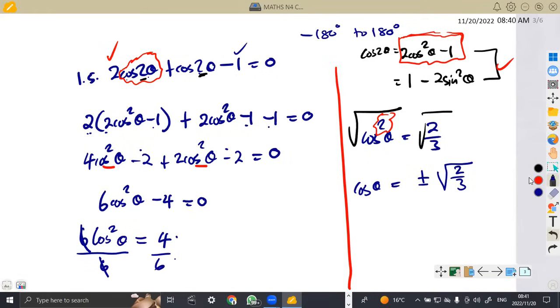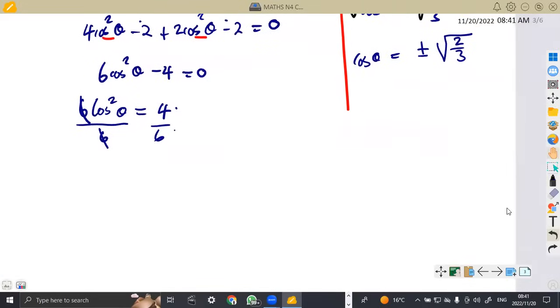Taking now into consideration the interval that we are given, the range from minus 180 up to 180 degrees, where do we have this cos being negative and also positive? Okay, so that's it. We are going to have two things here. The first one, cos theta, is the positive square root of 2 over 3, and the other one is equivalent to minus the square root of 2 over 3.